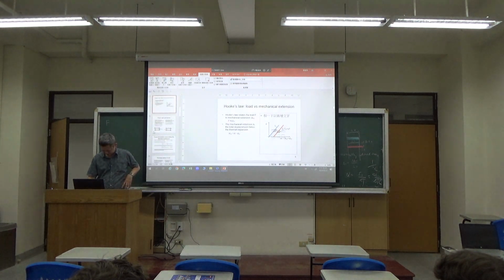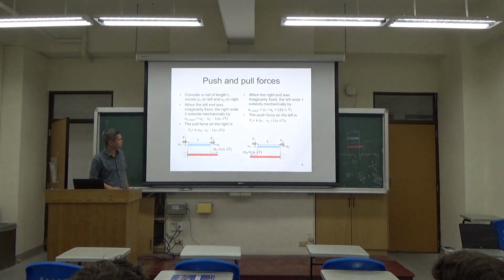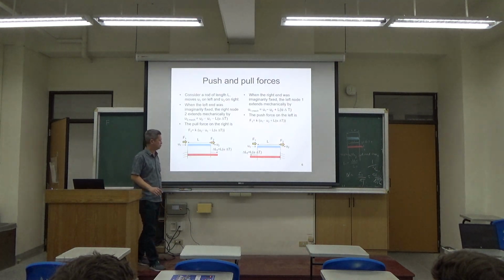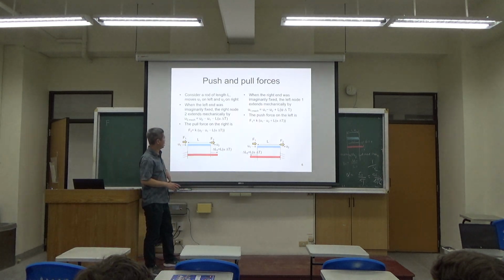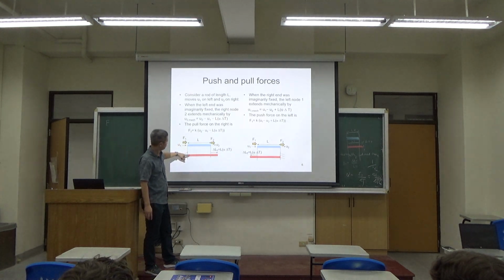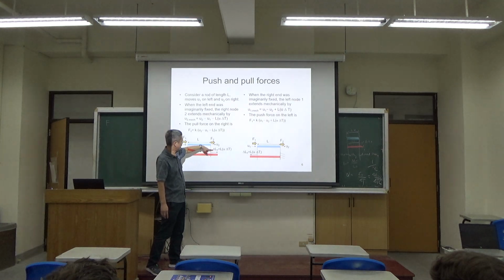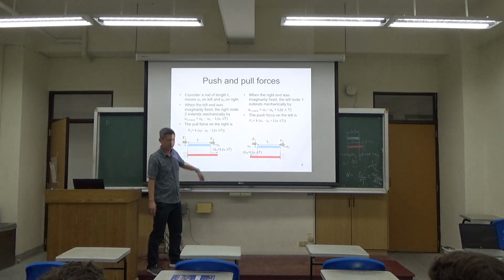Okay, let's see. Let's see what's the effect of the thermal expansion. If you now consider a cold rod, you heat it up, then it has the elongation due to thermal expansion, delta LT.